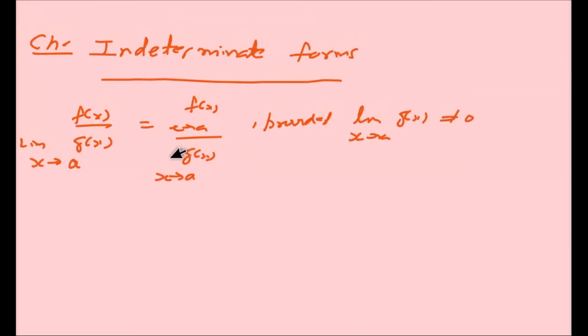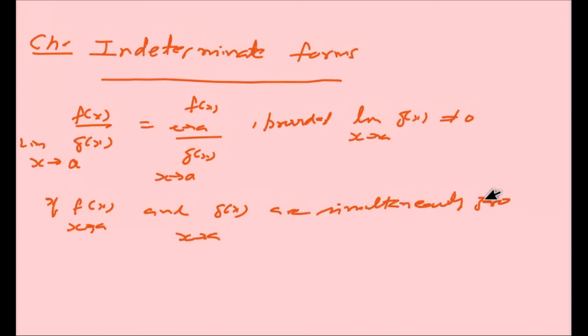You have already solved this type of question in the limit chapters. And you know, if limit of f(x) as x tends towards a and limit of g(x) as x tends towards a are simultaneously 0, then what happens?